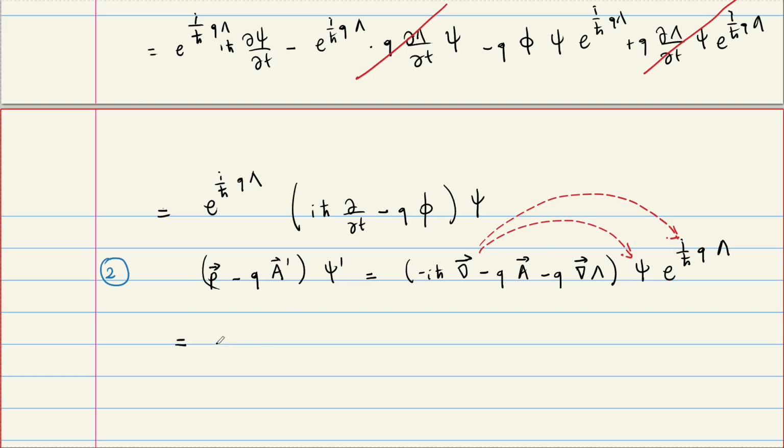First, I can have P acting on psi times e to the I over h bar q lambda, or it can jump over psi and act on this.